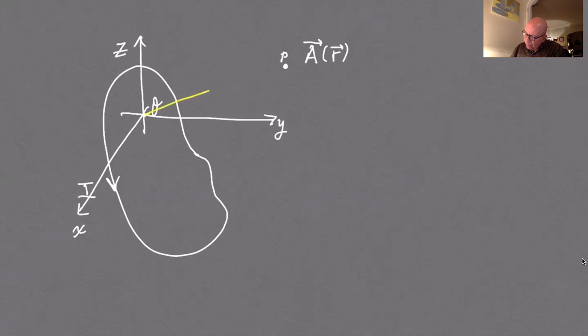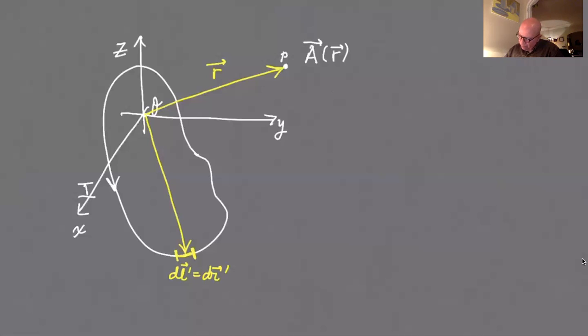So this will be some vector r. r prime will be from the origin to some source point. So this will be some dl prime, which will be equal to a dr prime. And from the source point to the field point is script r, where script r is equal to r minus r prime.